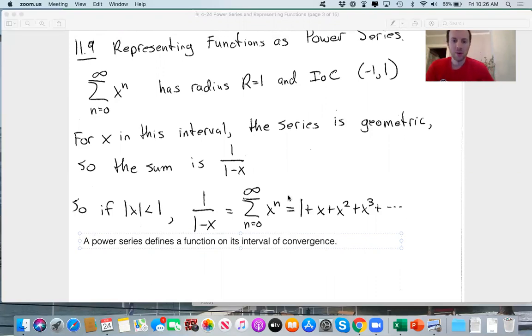So if you think about the interval of convergence as the domain, these are the x's for which you can plug them in and you get something that makes sense, because those are the x's for which it converges, for which you get a number out. And so what we're saying is that this is a function, this is another function, and these two functions do the same thing.